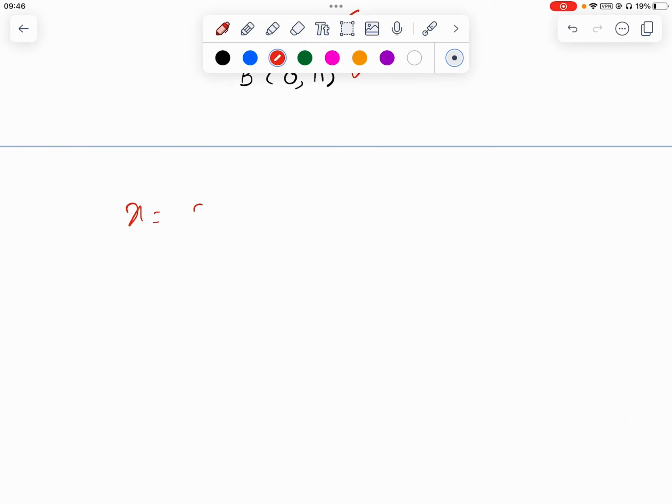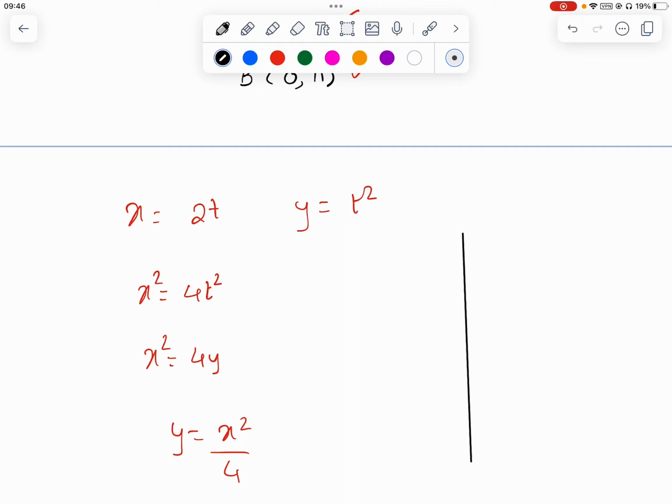Now, we know that x is 2t and y equals t square. So x square equals 4t square, so t square equals nothing but y. So y equals x square upon 4. When I say y equals x square upon 4, it's going to be a parabola passing through the origin. So I draw a parabola passing through the origin.